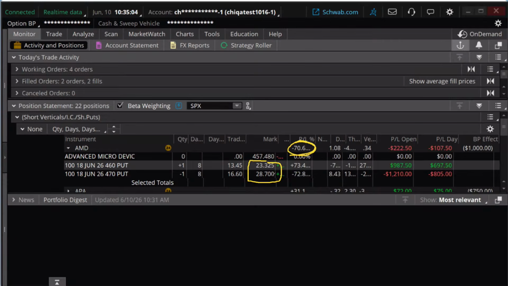So it certainly can get worse, because on this we could get to a $10 difference. These are all kind of theoretical prices, losses.